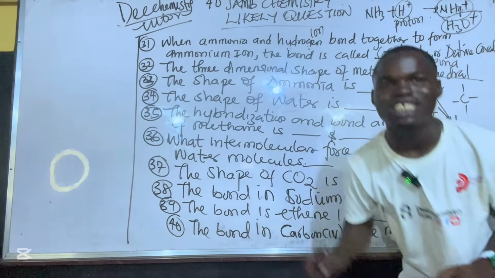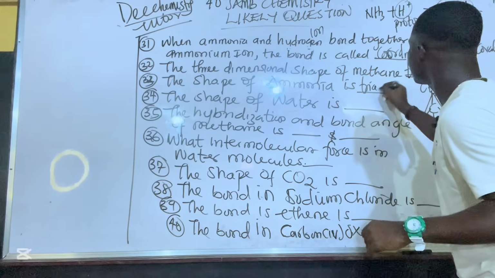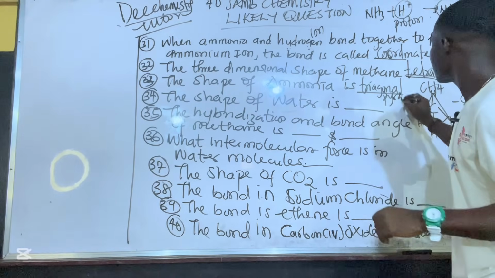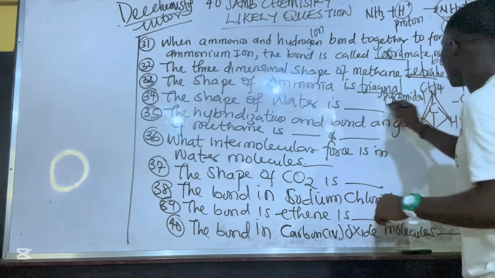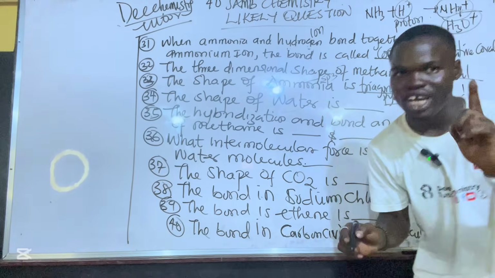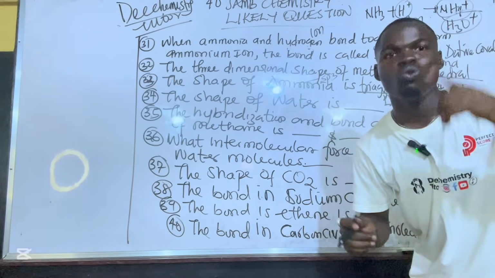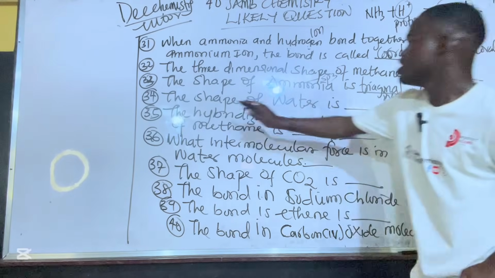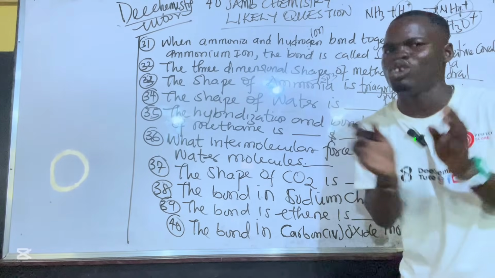The shape of ammonia is trigonal pyramidal. Don't forget that ammonia is also sp3, and the bond angle is 107 degrees. Never forget that. The shape of water, I'm very sure you are familiar with that.